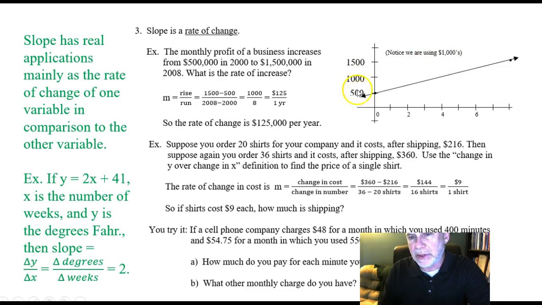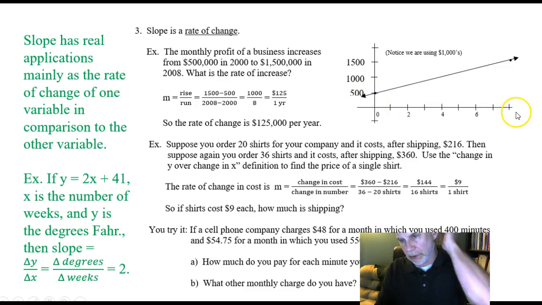So 500 thousands, 1,000 thousands, which would be the same as a million, and 1,500 thousands, which is the same as 1.5 million. So anyway, the starting profit was 500,000. So at 0 in the year 2000, I'm calling the year 2000 0. It started at a height of 500,000, or 500 in this graph.